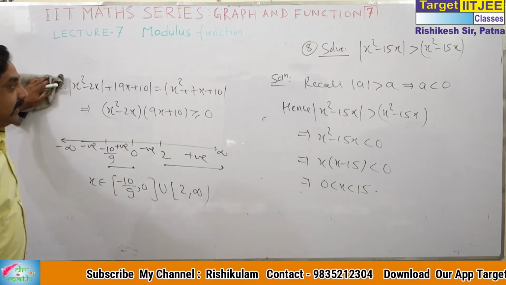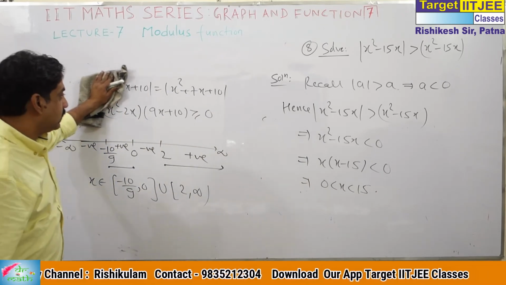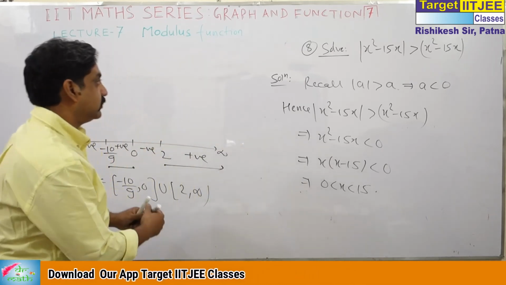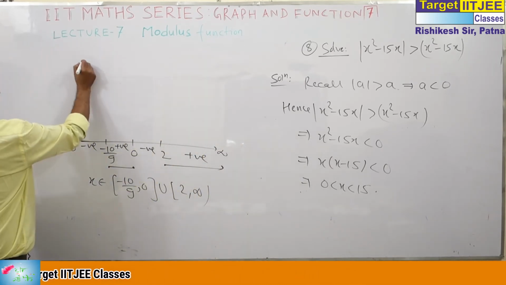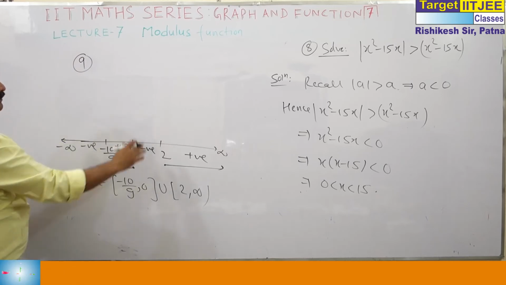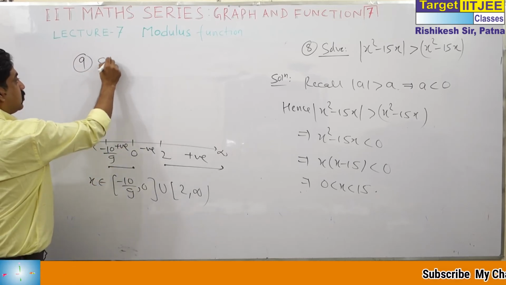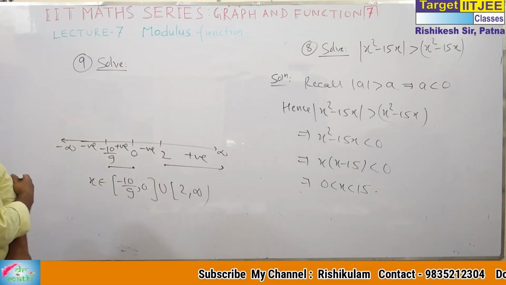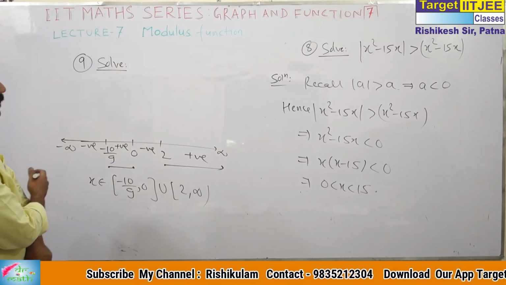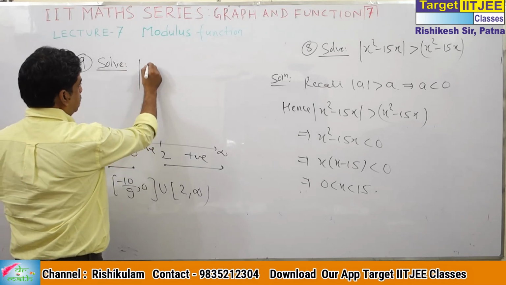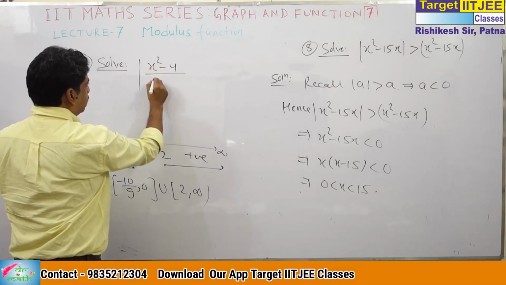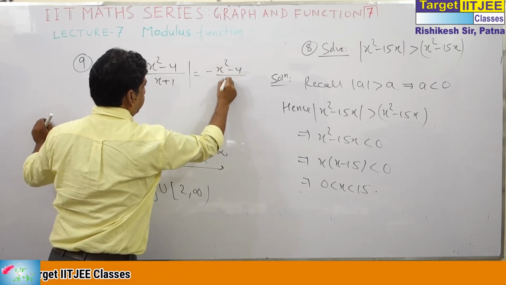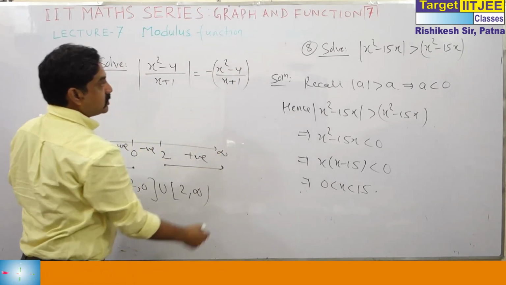Let me do one more point in modulus. You can have a question like this: solve |(x² − 4)/(x + 1)| = −(x² − 4)/(x + 1).